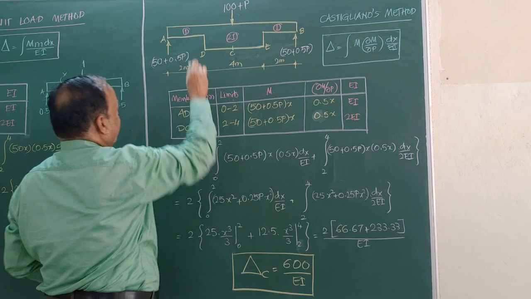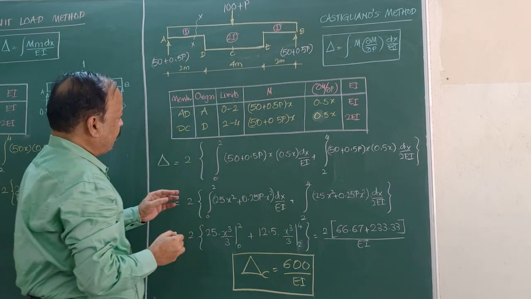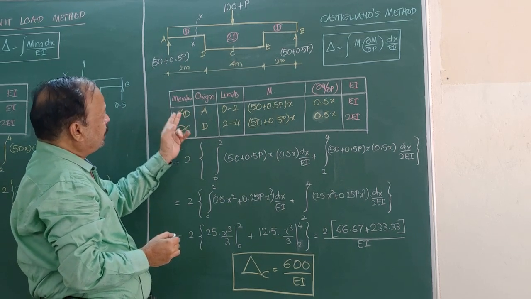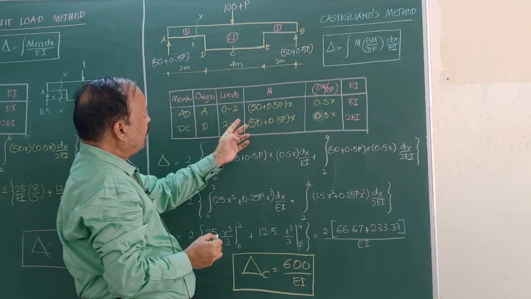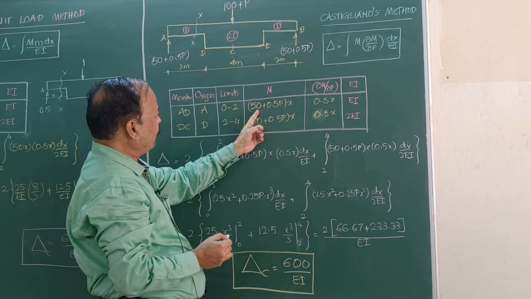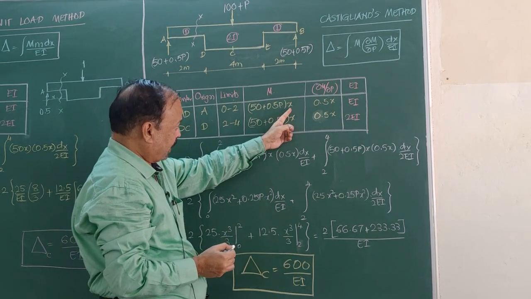Then I will calculate the bending moment at any section XX, distance x from the left hand support. So again I have divided into two parts, AD and DC. In case of AD, the limits are 0 to 2, and the bending moment due to applied load and fictitious load will be (50 plus 0.5 P) into x.